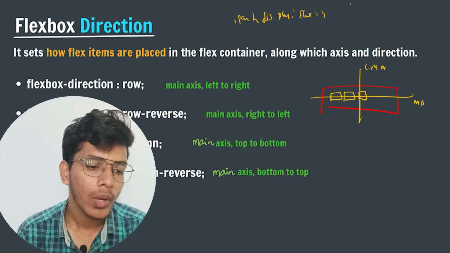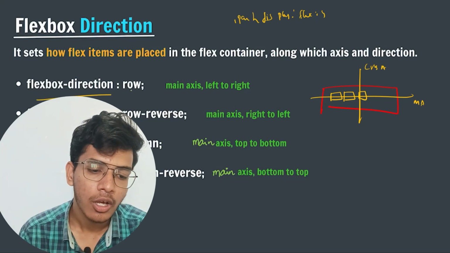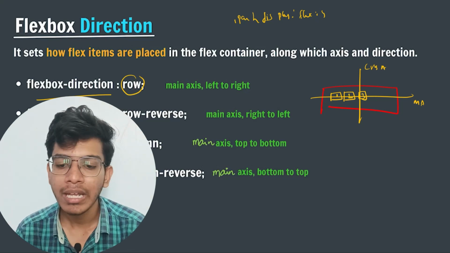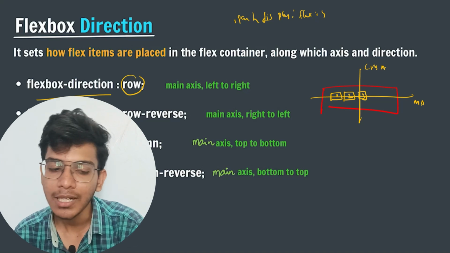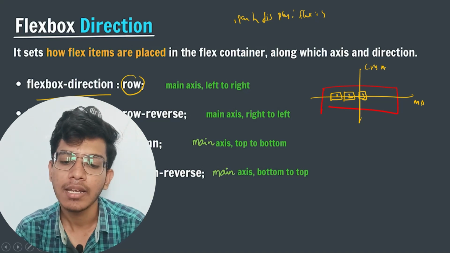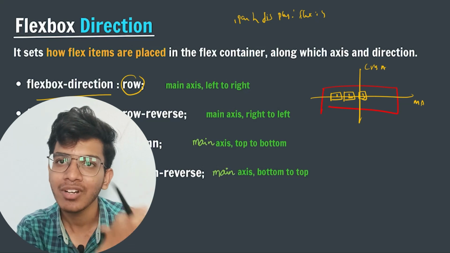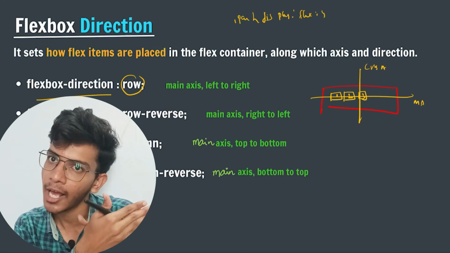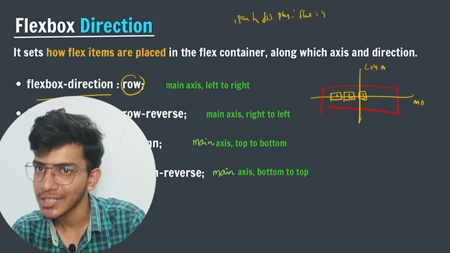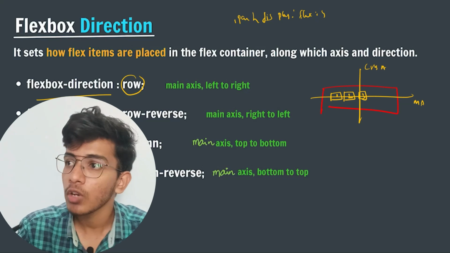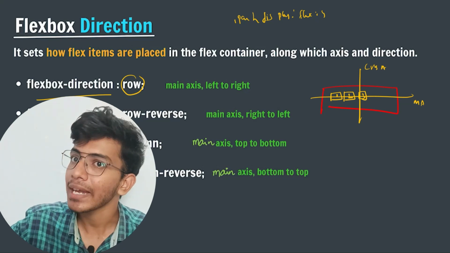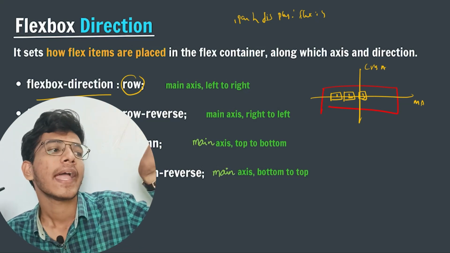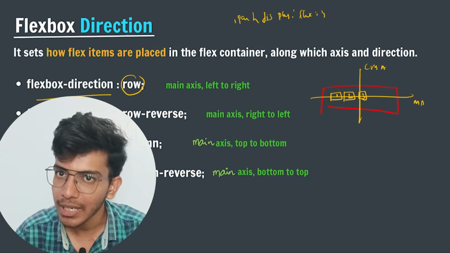Now when I give flex direction row, let's say this is my div1, div2, div3. The elements will be assigned row-wise and will start from left to right, which means the first element will come on the extreme left side, then the second element, then the next, and the last element will be on the extreme right-hand side of my parent container.